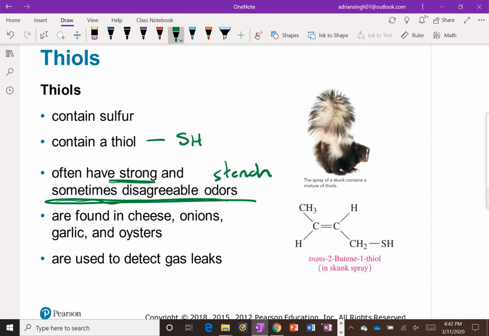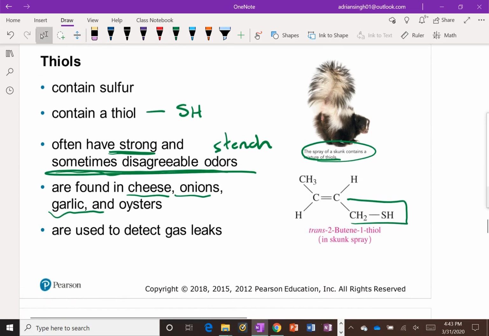They're found in things that have really bad smell. So for instance, cheese, onions, and garlic contain all different types of thiols. The spray from a skunk also has a thiol in it. And there's your thiol functional group.